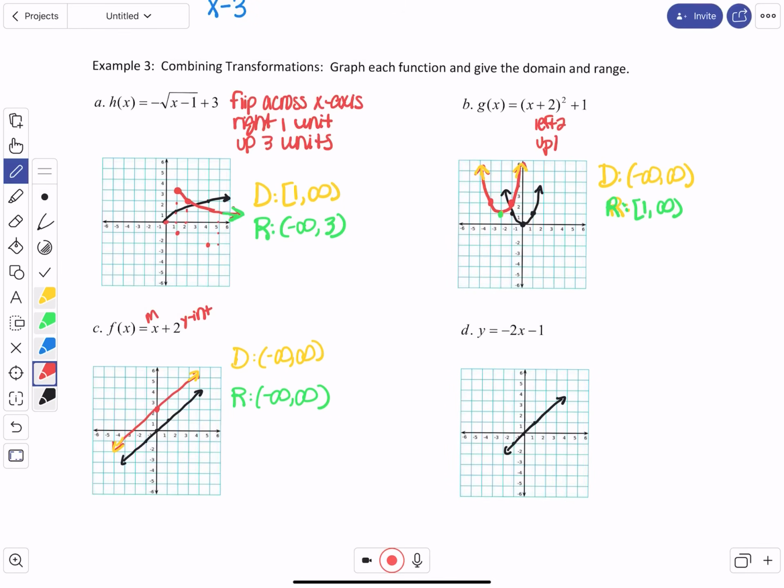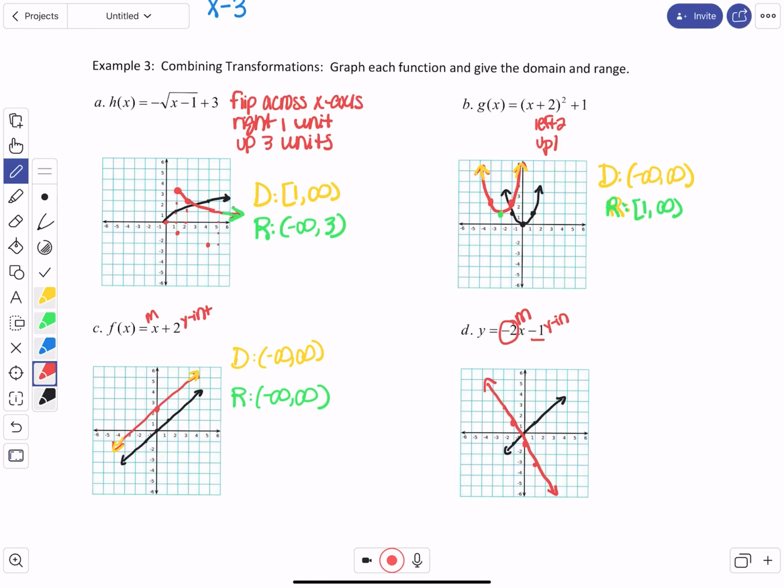But remember, this is your y-intercept. So negative 1 has become our y-intercept. Negative 2 is your slope, which means it goes down 2 over 1. So if we go down 2, right 1, or you can go up 2, left 1, here is our new line.